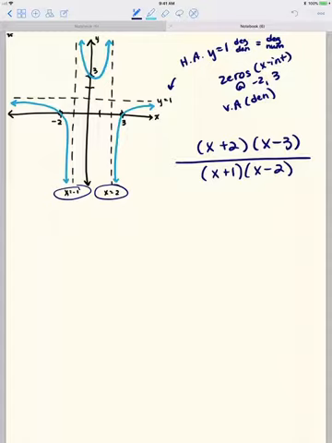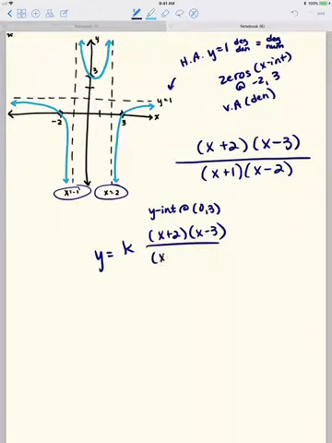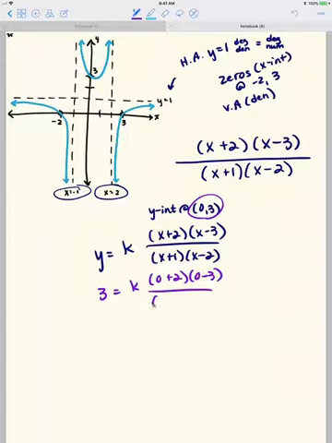The other thing that you could check, if you wanted to, is the y-intercept that they give you at (0, 3). So if you make your y equals and then put a constant there and write down your zeros and your asymptotes in factored form, and plug in your point, 3 for the y value, 0 for all the x's, you can verify that your k value is going to be 1 again.